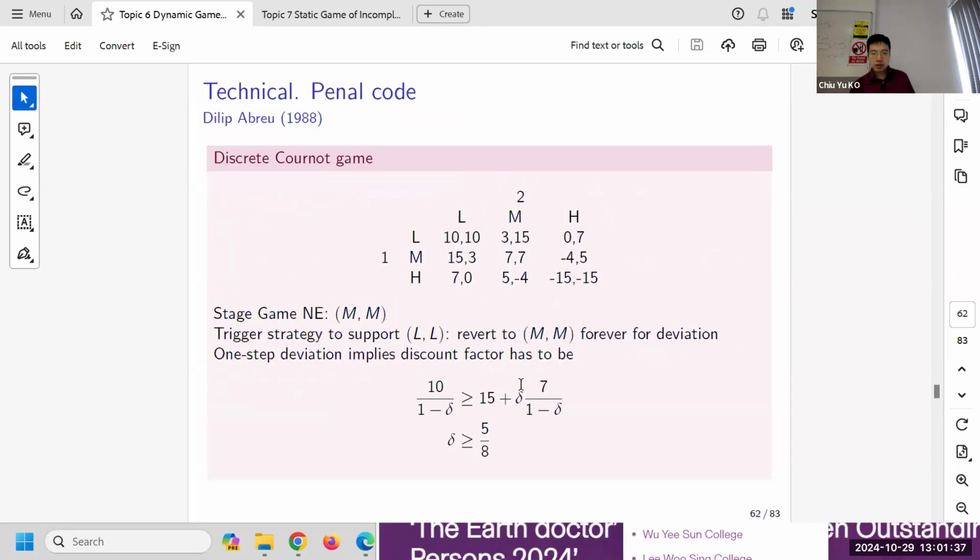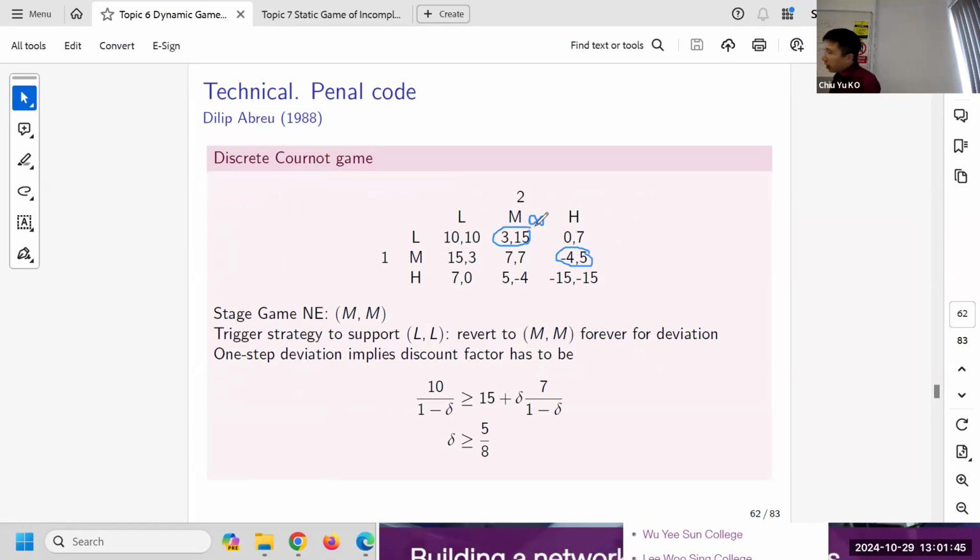So let me go back to here to make sure you understand, right? Because if player 1 deviates, we will get to this guy and this guy forever, right? And suppose player 1 doesn't want to follow that, he jumps to here, right? Because that is player 1 jumping. But then according to the rule, if he deviates once, he will get this and this forever.